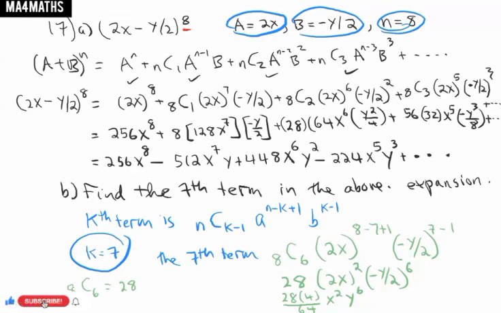So 4 into 64 is 16. And then if you divide top and bottom by 4, you will end up with 7 over 4 x squared y to the 6. And that would be your term.